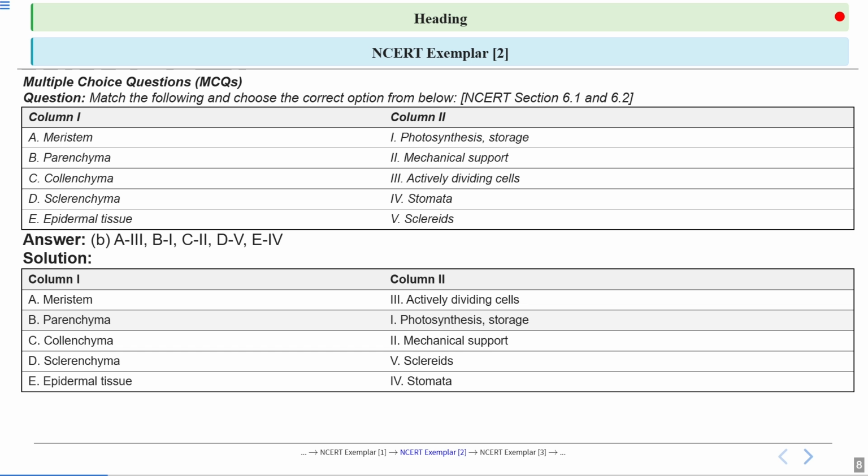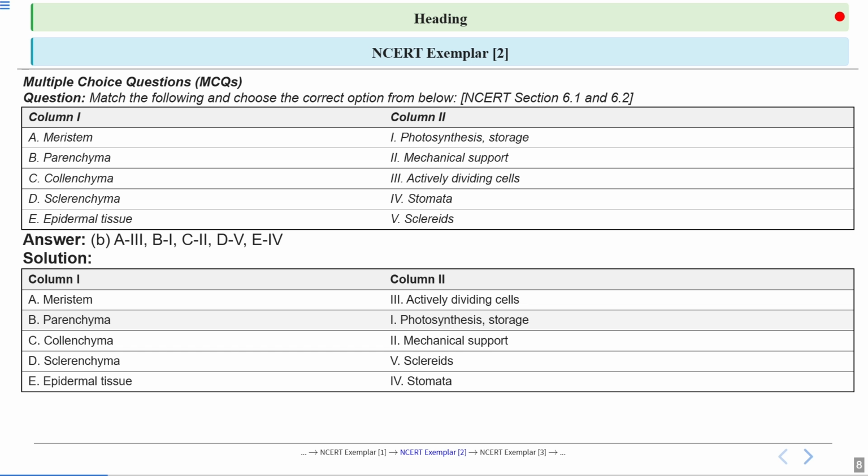Collenchyma provides mechanical support. Lignin deposition is in the sclerenchyma, which provides mechanical support to the plant. D, sclerenchyma: these are dead cells. They have a lumen that does not contain any substance.